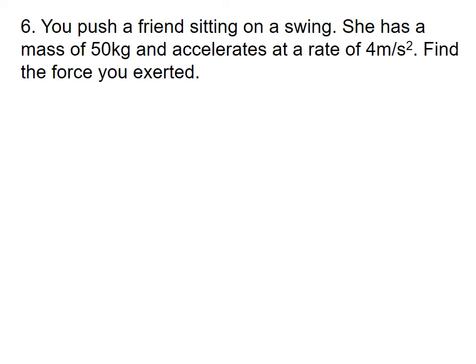In number 6, it says you push a friend sitting on a swing. She has a mass of 50 kilograms and accelerates at a rate of 4 meters per second squared, and we want to solve for force. So we know that force is equal to mass times acceleration.